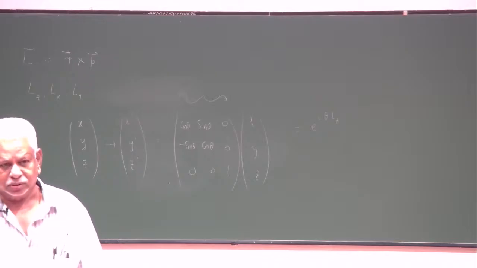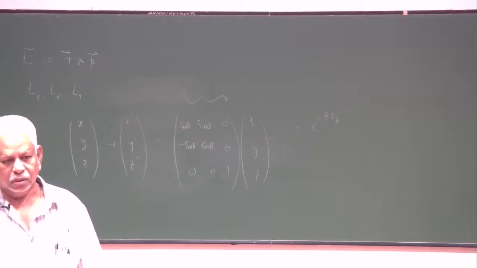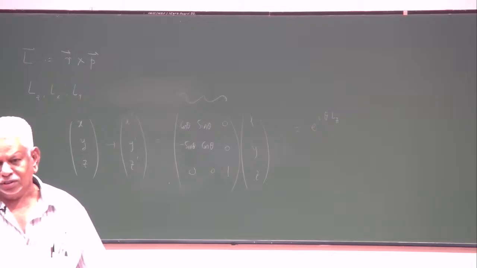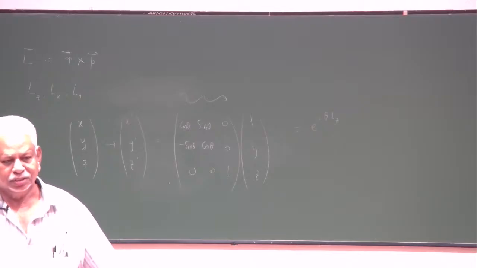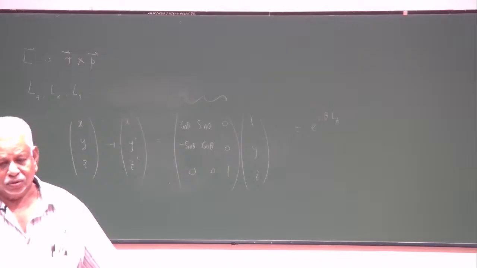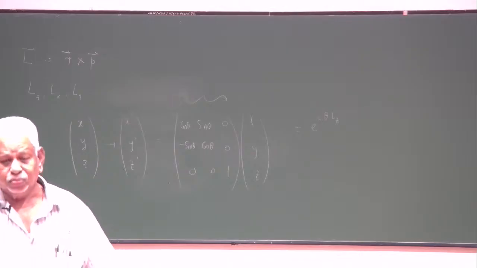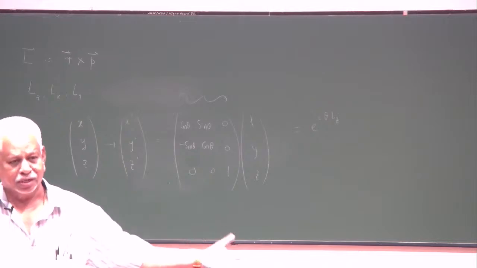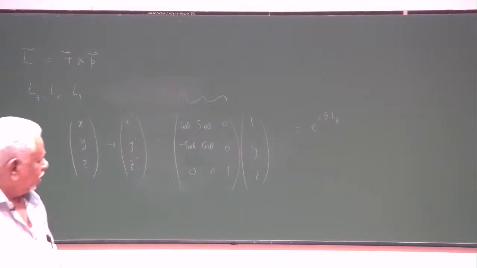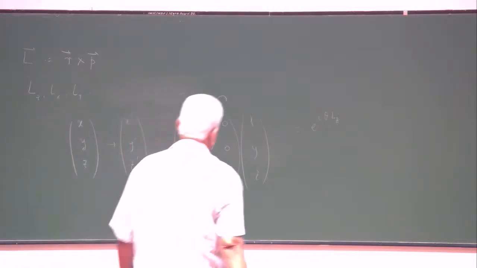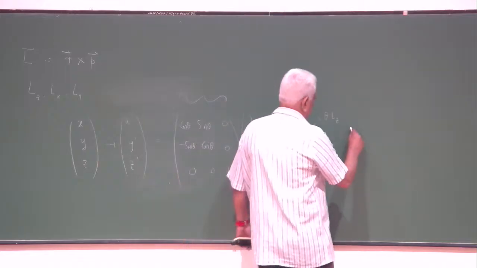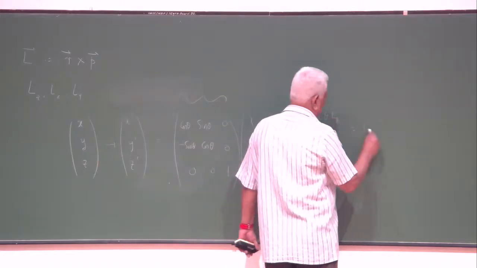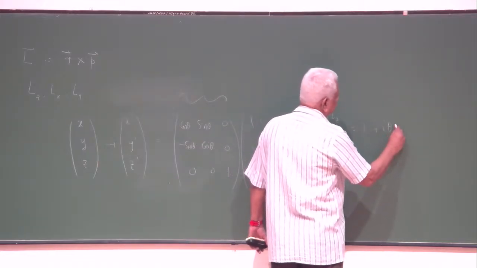You know e to the power x, or not? What is it? 1 plus x squared by factorial 2 plus x cubed by factorial 3, etc. As simple as that. So, the first term is 1 here, plus i theta times Lz.